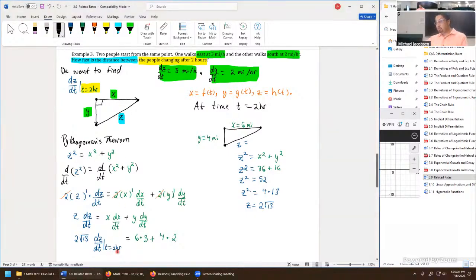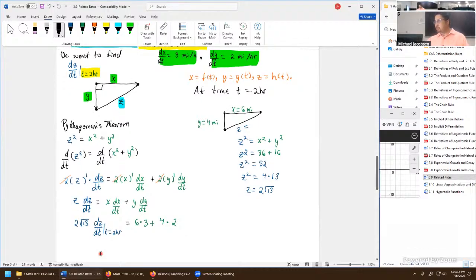And the moment we just proceed with this equation, solving for the dz/dt portion, our work is completely done. So now it's all just algebra from this part on. So that's a substitution step. Next step, we have dz/dt at t equals 2 hours is going to be equal to, altogether, I'll divide by that 2 root 13 into the right-hand side.